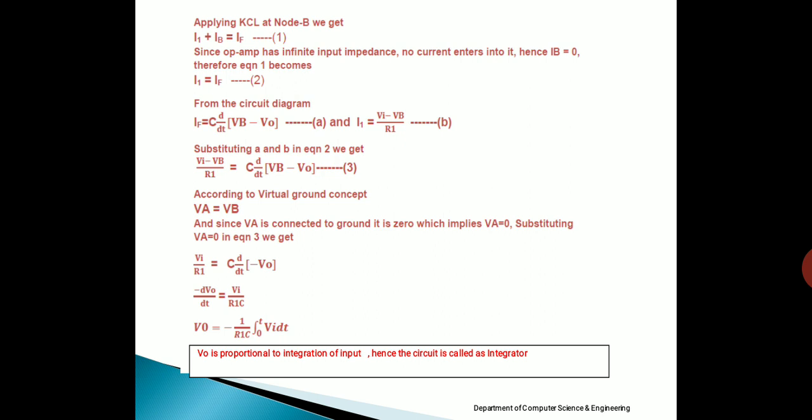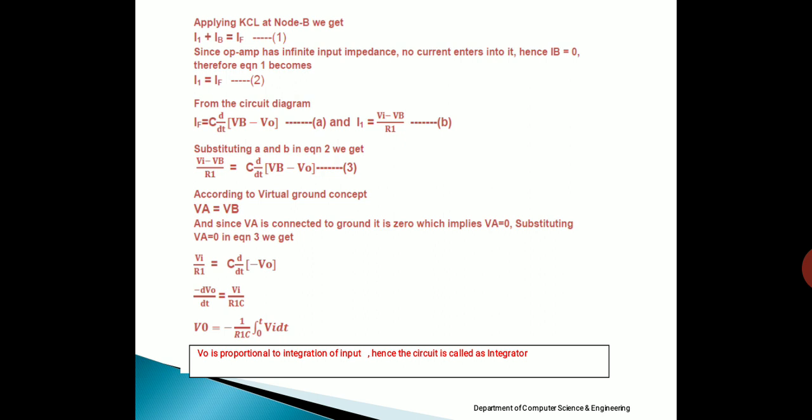From this equation, you can see that again R1 is constant, C is constant, so the product R1 into C is constant and is called the time constant of the integrator. Therefore, V0 is directly proportional to the integration of Vi dt. Hence, the circuit is called an integrator.